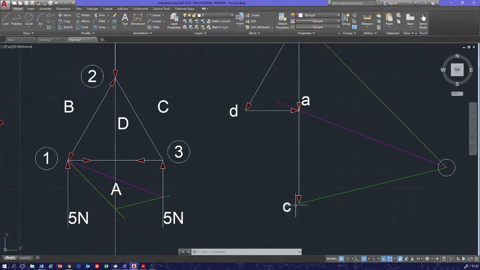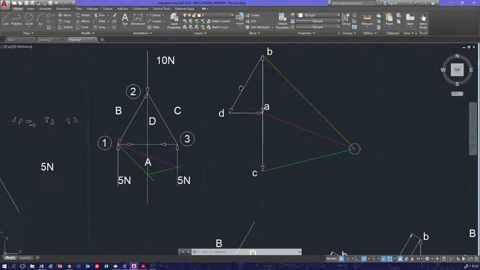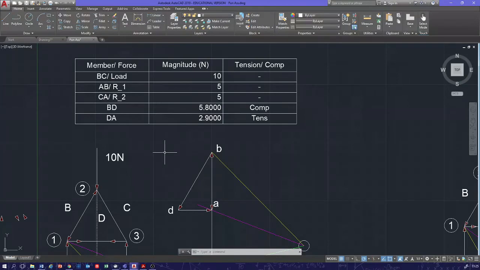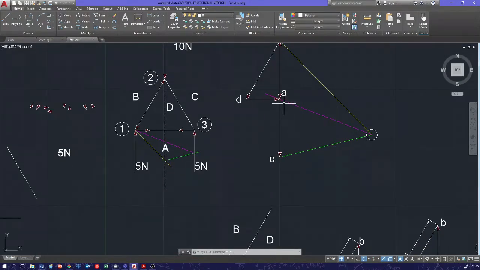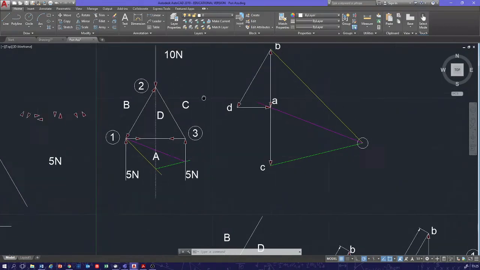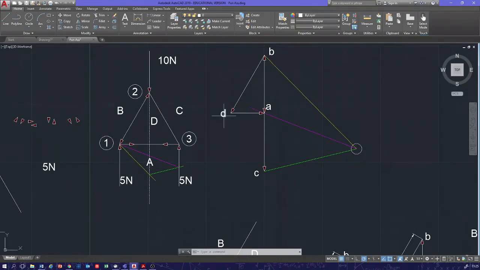We've already got that here, C to A. We know that D to A is, let's have a look at our table, D to A is 2.9. We've already got that. In this case it's A to D, isn't it? We're going around clockwise. A to D is 2.9. We've already got that, A to D. So the last thing we need is D to C.